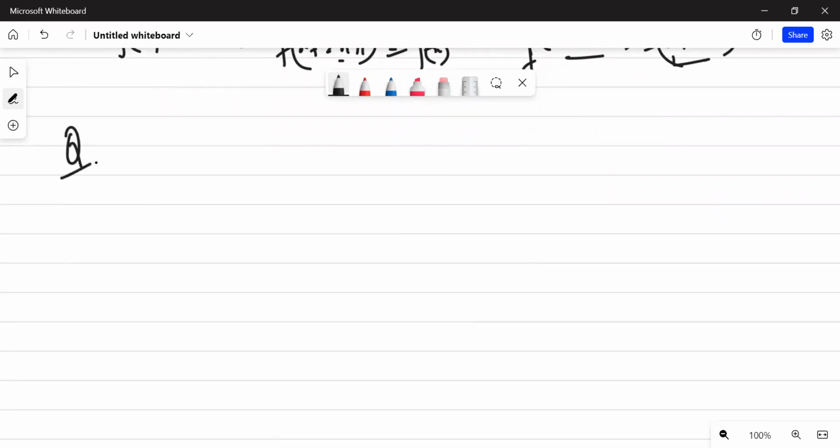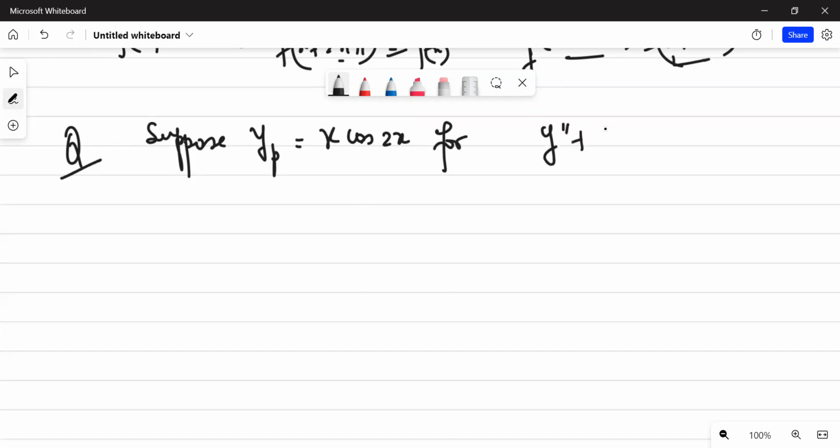If you just try to do this question again: suppose yp, the particular integral, is x cosine 2x for the differential equation given by y double dash plus alpha y is equal to minus 4 sine 2x, then what will be the value of alpha?